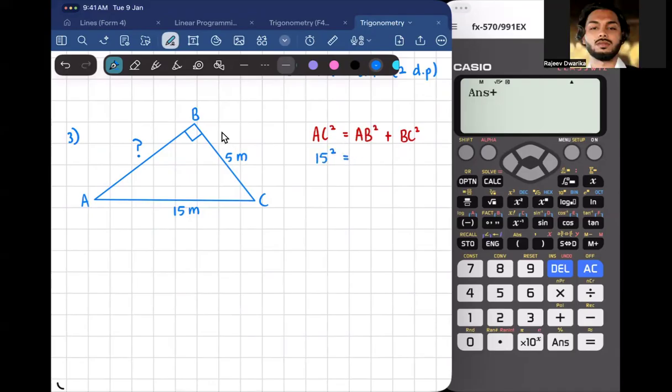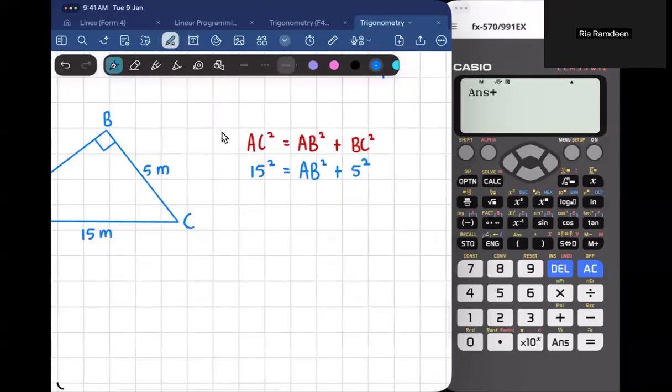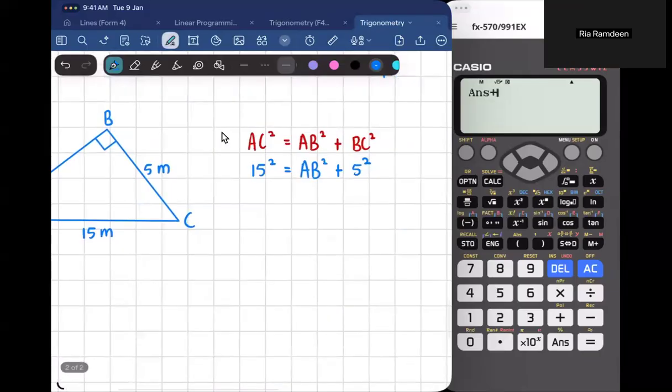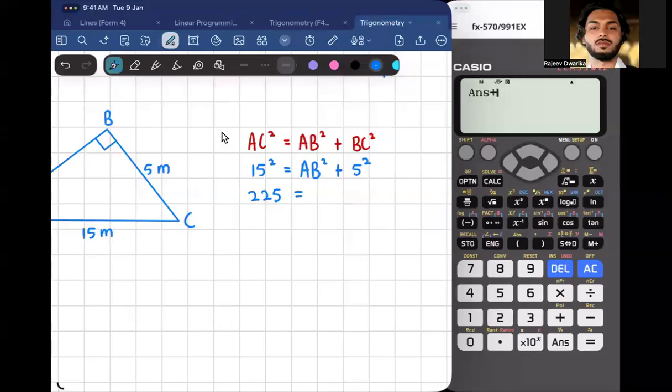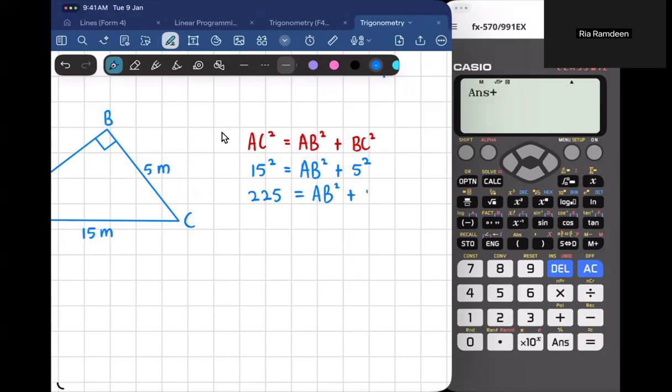Do we know what AB is? No, so it's AB squared plus 5 squared. What's 15 squared? 225. So 225 is equal to AB squared plus 25.